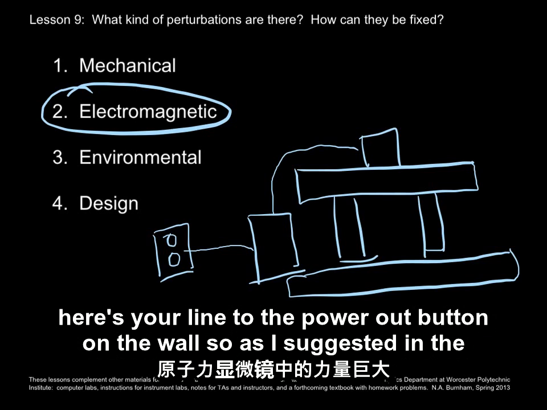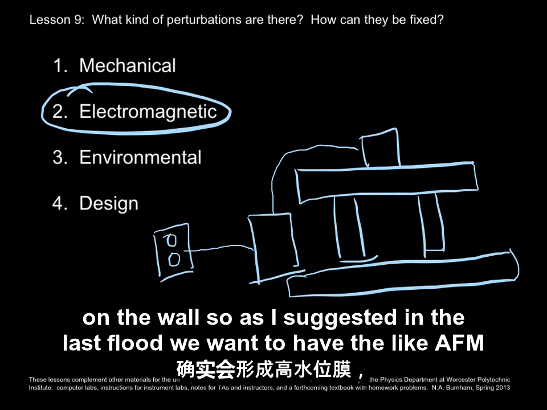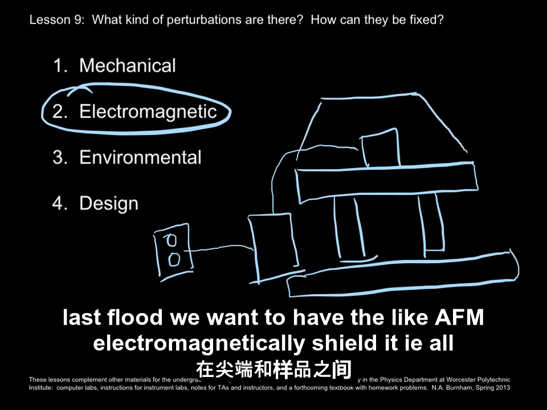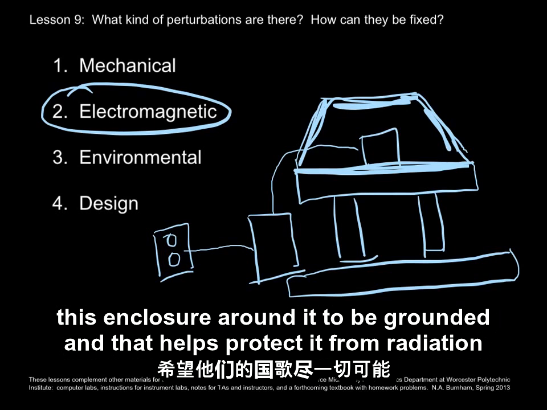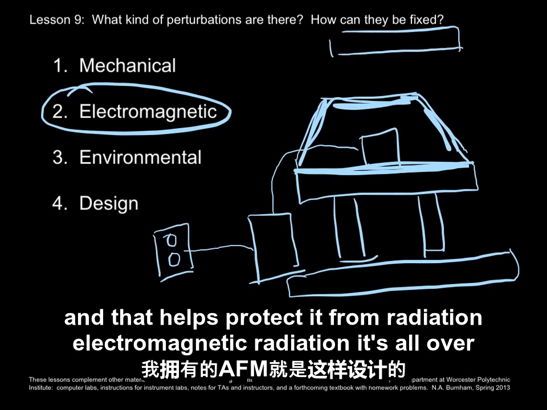So, as I suggested in the last slide, we want to have the AFM electromagnetically shielded, i.e. all this enclosure around it to be grounded, and that helps protect it from electromagnetic radiation. It's all over a lab.